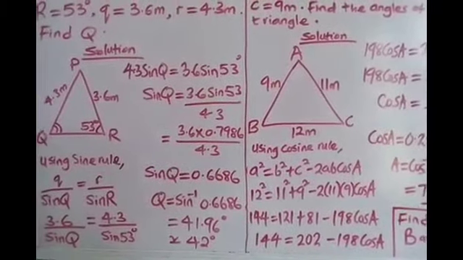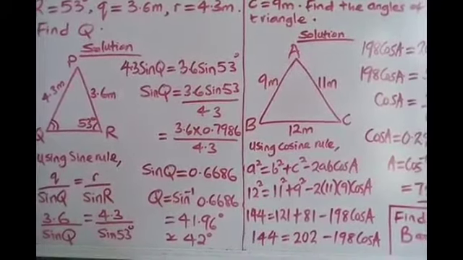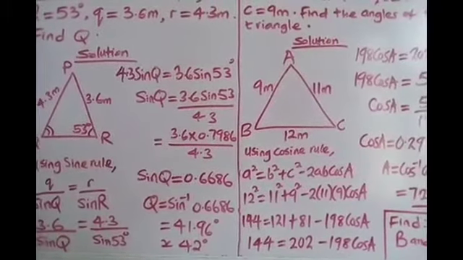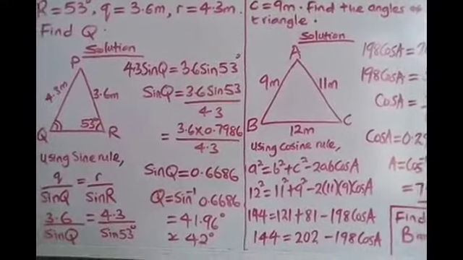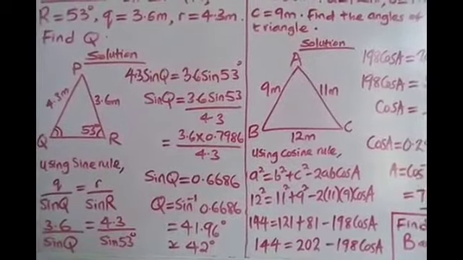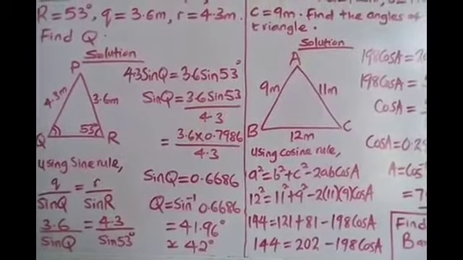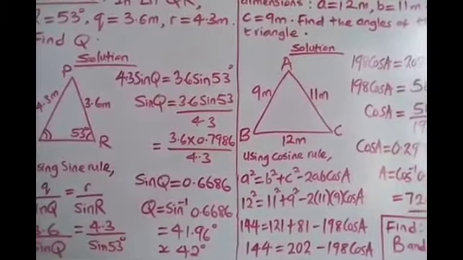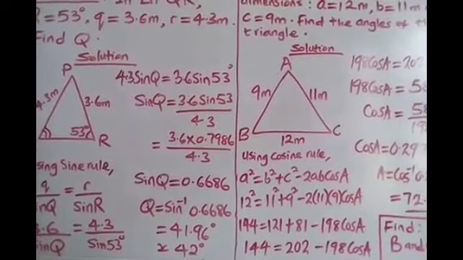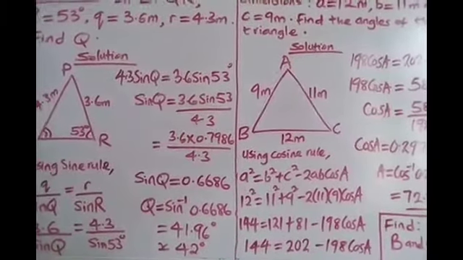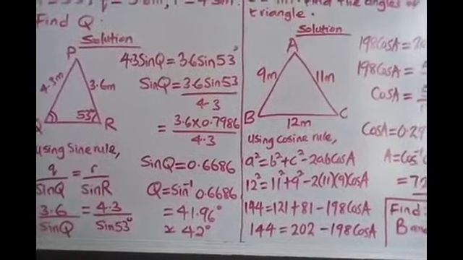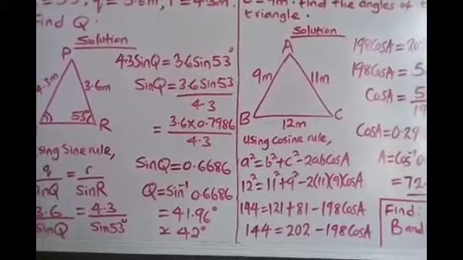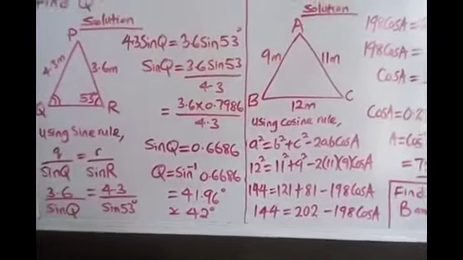We have 3.6 sine 53 over 4.3, which is 3.6 times 0.7986 over 4.3. So when we divide, we have sine Q equals 0.6686. Q will now be the inverse sine of 0.6686, and that will give us 41.96. So the angle Q approximately equals 42 degrees.